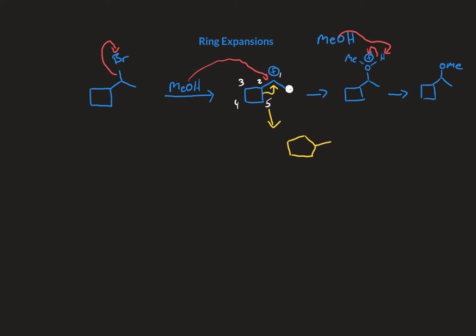So that's carbon 1. And carbon 2 lost a bond, and so carbon 2 is going to have a carbocation. And so from here, we could see methanol come in and attack that secondary carbocation.